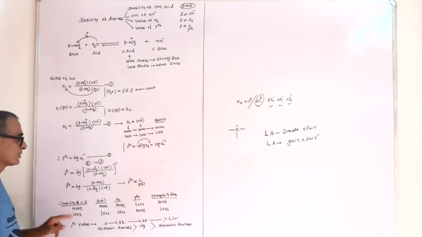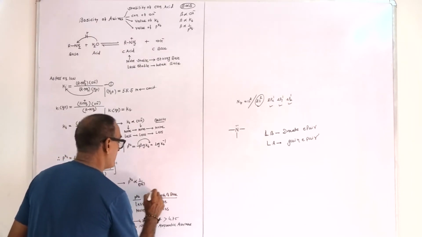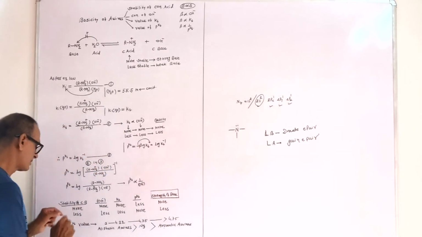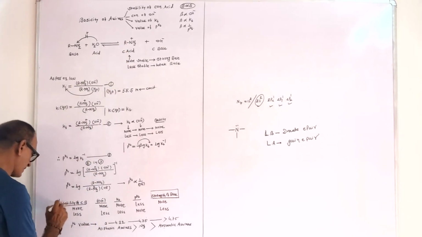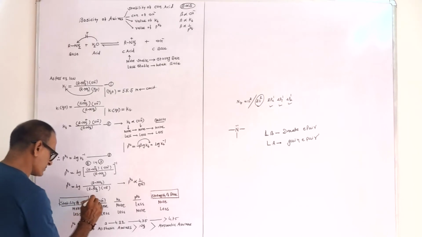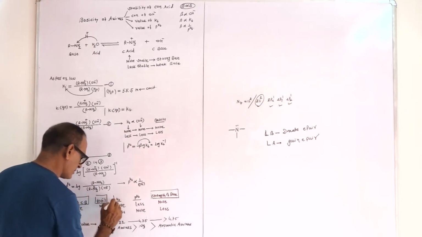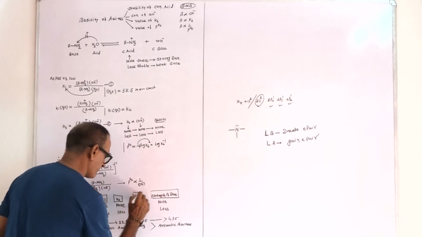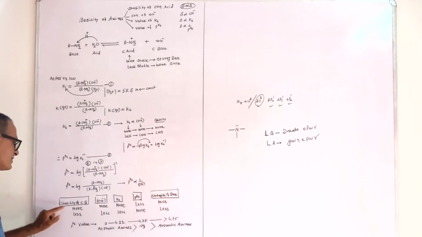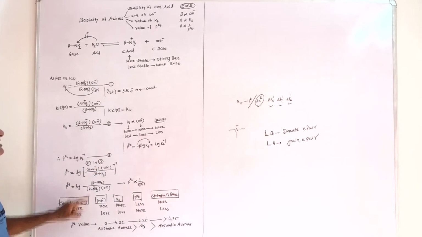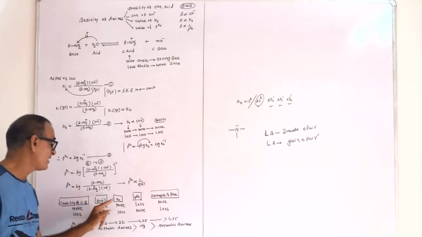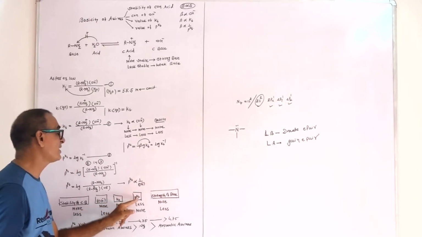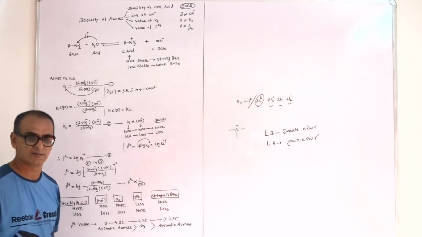अब देखो, strength of base. हर एक फैक्टर में 1, 2, 3, 4, चार के चार फैक्टर यहाँ दिए हैं. These are all the factors which affect the basicity of base. Stability of conjugated acid, then OH ion concentration, then Kb value, then pKb value, and strength of base.